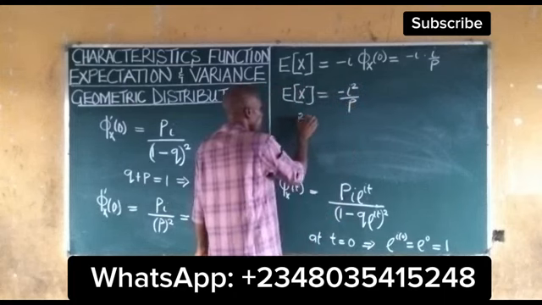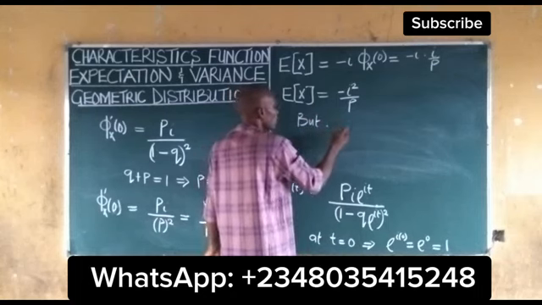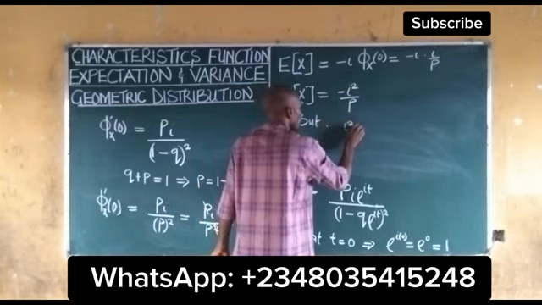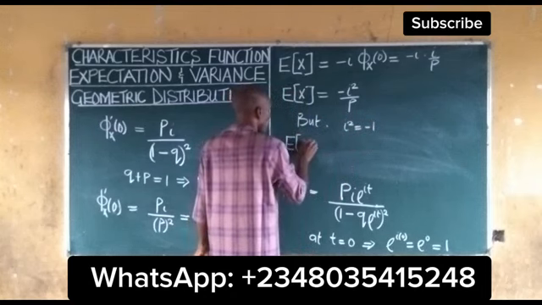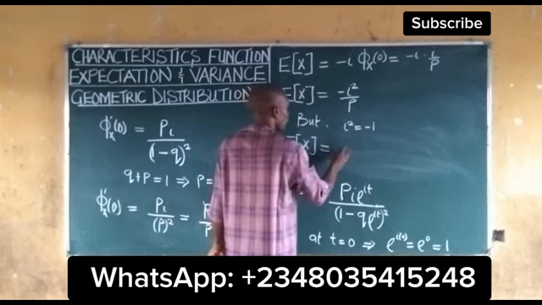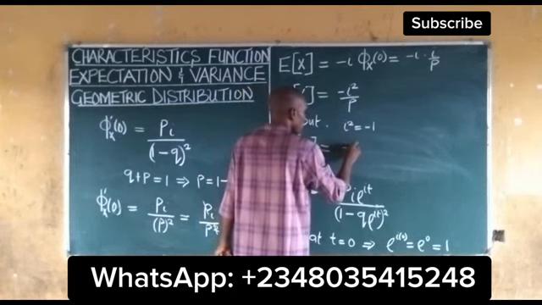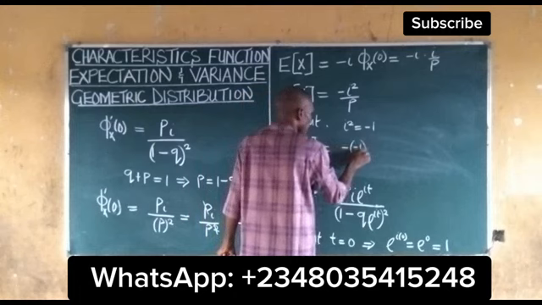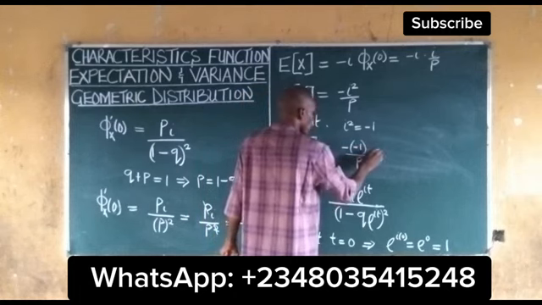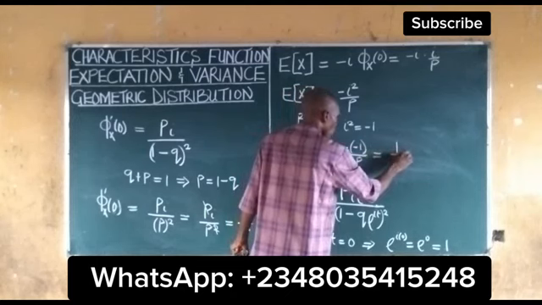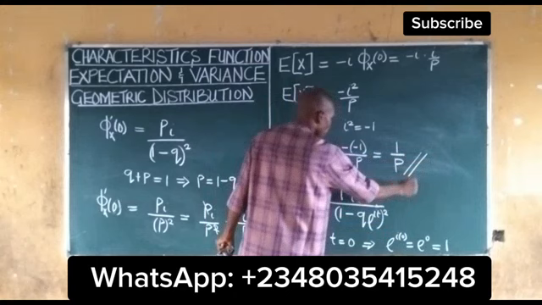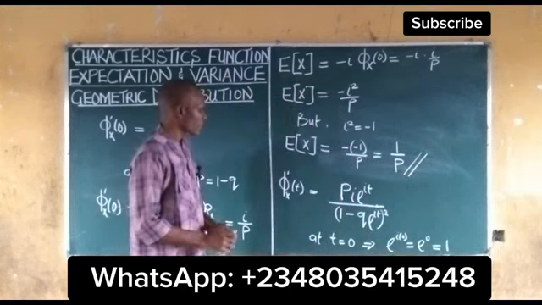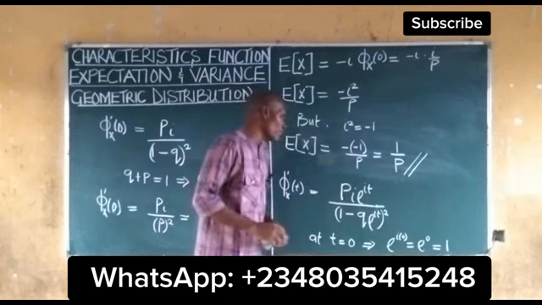But from the identity, we know that i squared is equal to negative 1. It then means that our expected value of x is equal to negative times negative 1 all over p, which means 1 all over p. So this becomes our expected value of x.